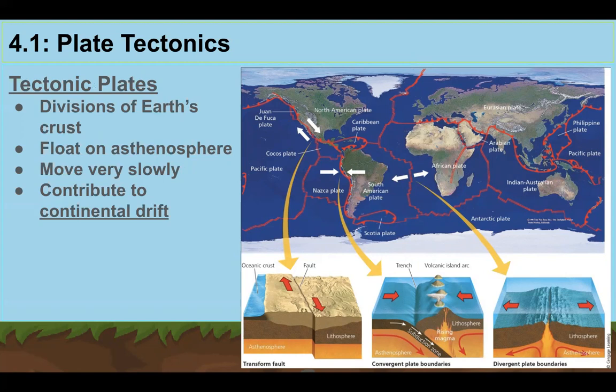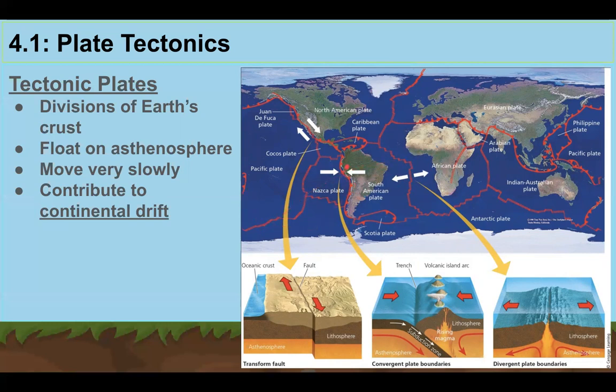The asthenosphere is moving the plates, and the movement of these plates is what is known as continental drift. Over time, we've seen the separation of the African continent from the South American continent. If you take a look at how closely this landmass would fit within Africa, at one point these were actually together and they've been separated over many, many years.